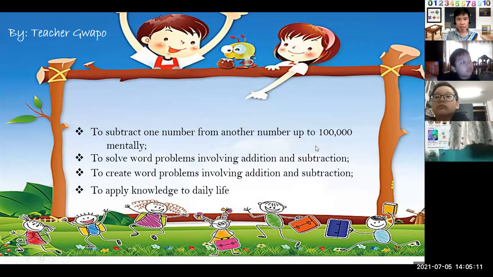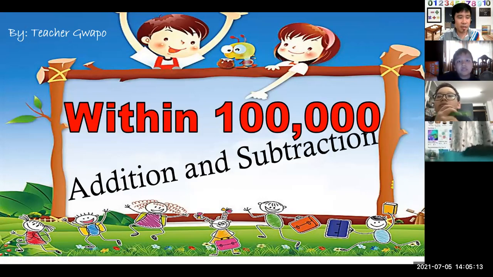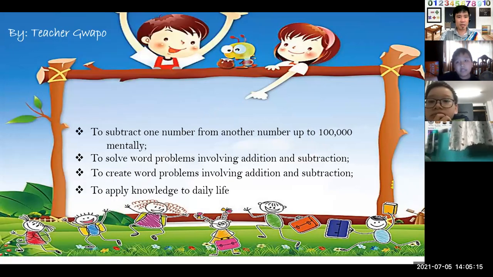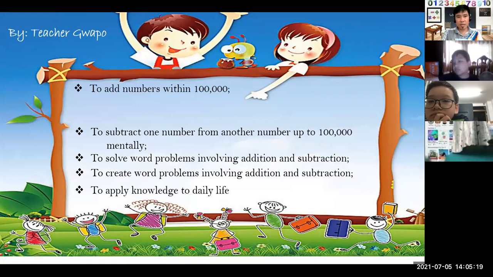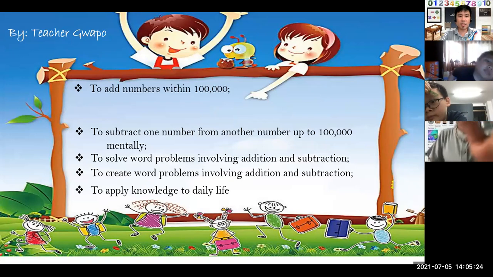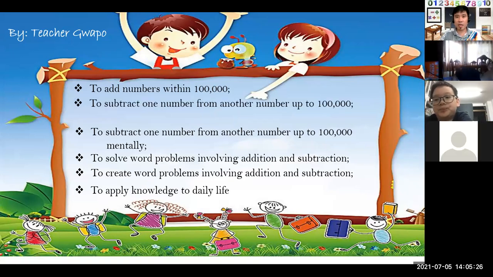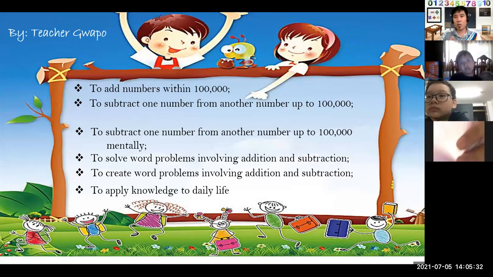So last time I flexed here on the screen the objectives that we have, and we are done already with this: to add numbers within 100,000, with renaming and without renaming, and then to subtract one number from another number up to 100,000 with and without renaming.